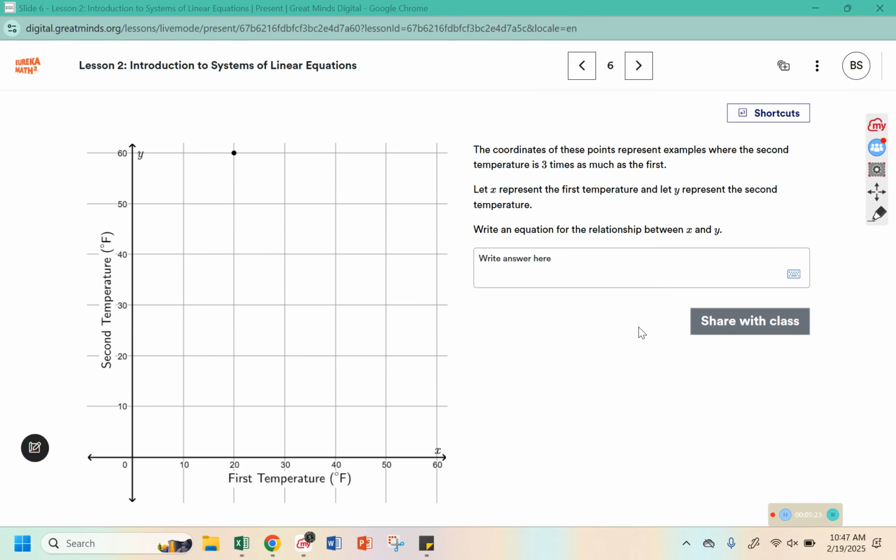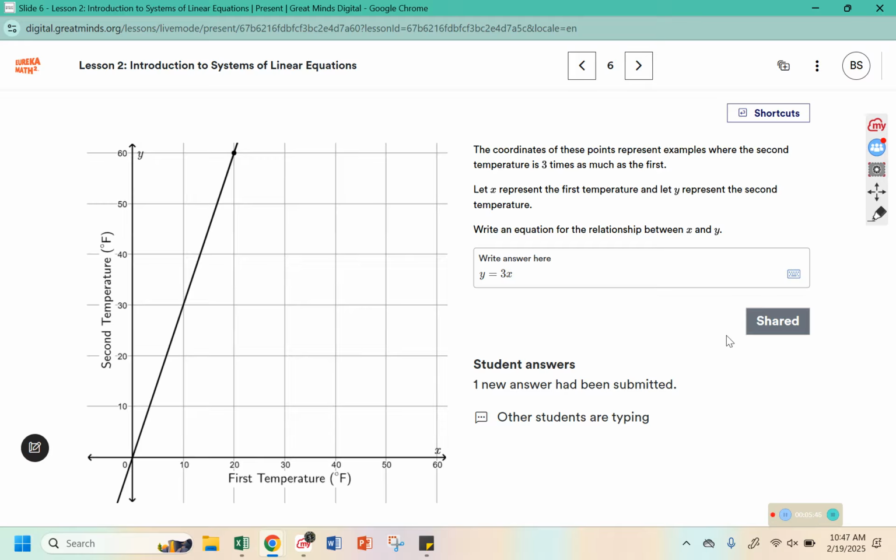The coordinates of these points represent examples where the second temperature is 3 times as much as the first. Let x represent the first and let y represent the second temperature. Write an equation between the relationships of x and y. So y was found by multiplying the x value by 3. And you can see it goes through my point 20, 60.